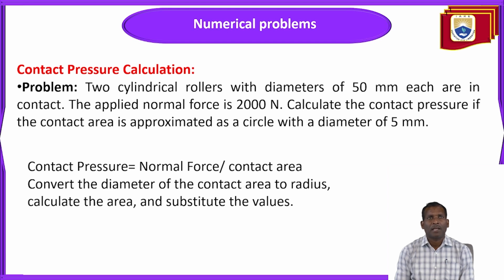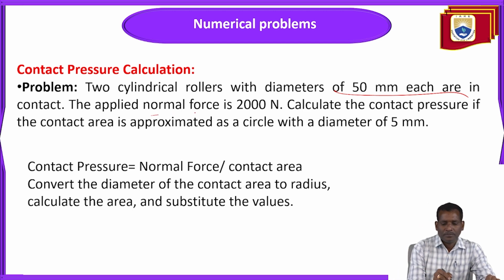Next, contact pressure calculation. Two cylindrical rollers with diameters of 50 mm each are in contact. Whenever two cylindrical rollers are in contact, what is the pressure between these two rollers? The applied normal force is 2000 Newton.